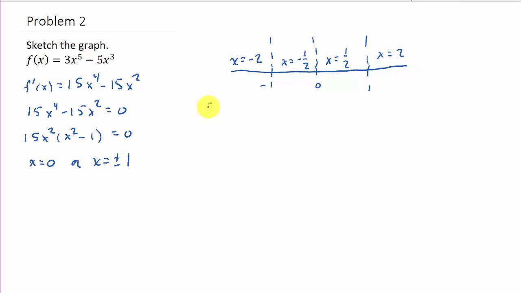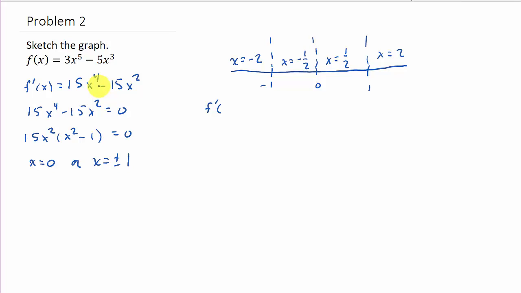Now, we have to take the first derivative. Let me erase that x there. We've got to evaluate the first derivative at each one of these x values. You can take each x value, plug it in, and get your y value. But we don't care about the exact y value that we're going to get.